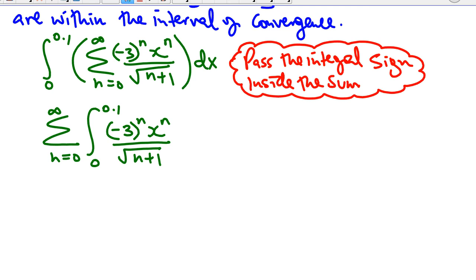Now, again, just remember that we have some constants here. We are integrating with respect to x, which means these other guys can just be considered as constants. We can take them out.